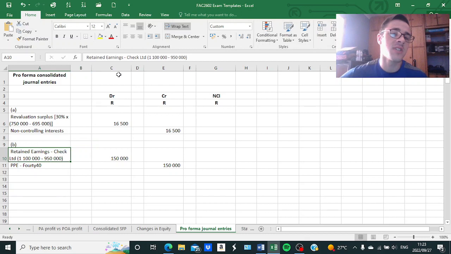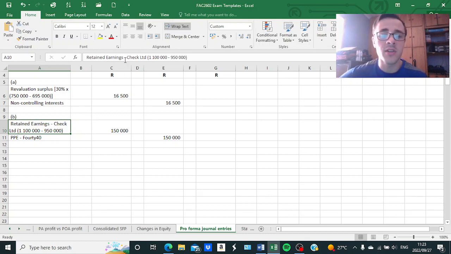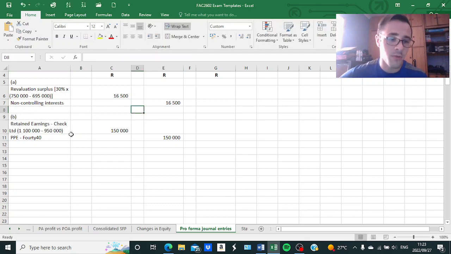So you only use retained earnings if the transaction occurred in a previous period. And remember, if it occurred in the current financial year, so on the 1st of April 2021, then the profit will be included in Czech Limited's other income in the statement of profit or loss. Alright, so just keep that in mind.